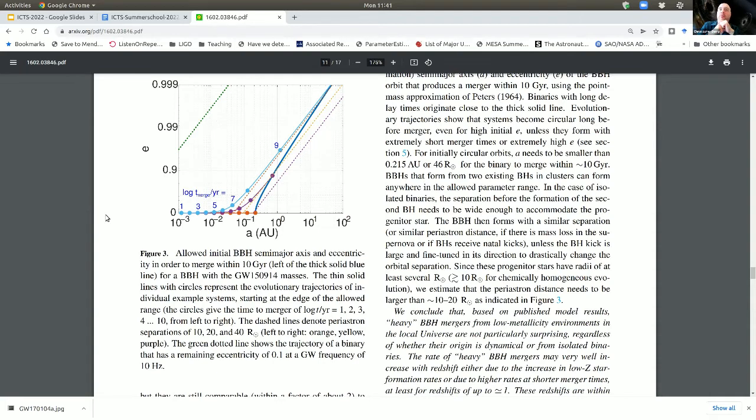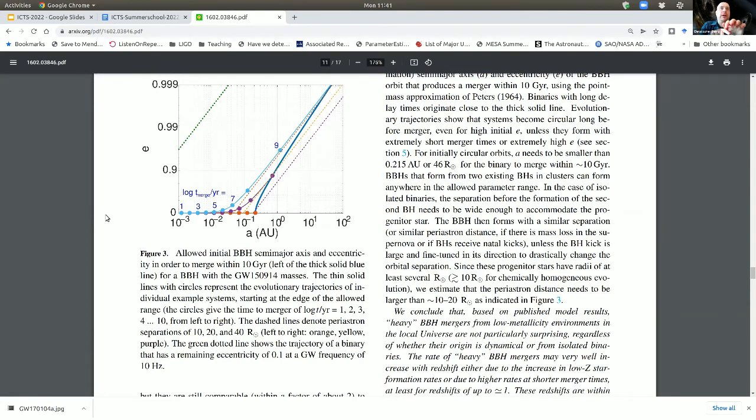Eccentricity is another one that potentially is a good proxy for these different formation channels. So we want to use these together. And as we go through, we're going to see that different channels make different predictions for these. And this is one of the ingredients that goes into doing these population inferences: adding together the number of sources you see with different properties to infer what's going on astrophysically.